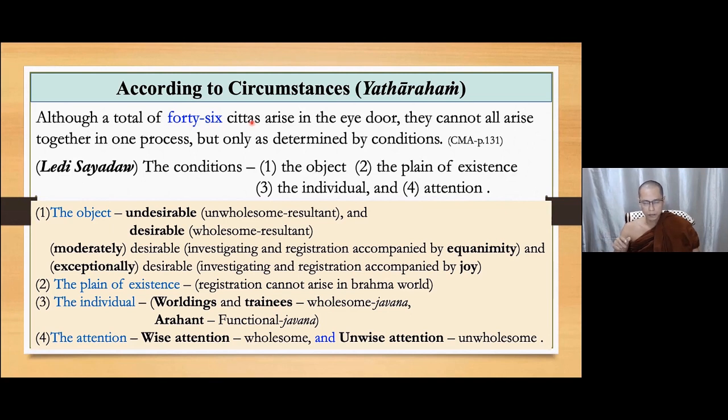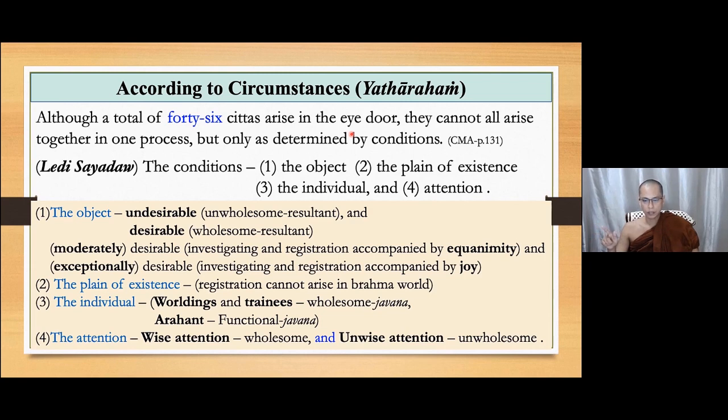As you know, the 5-door advertence consciousness is only one. But the eye door consciousness can be either wholesome resultant or unwholesome resultant. But 2 of them cannot arise at the same time.